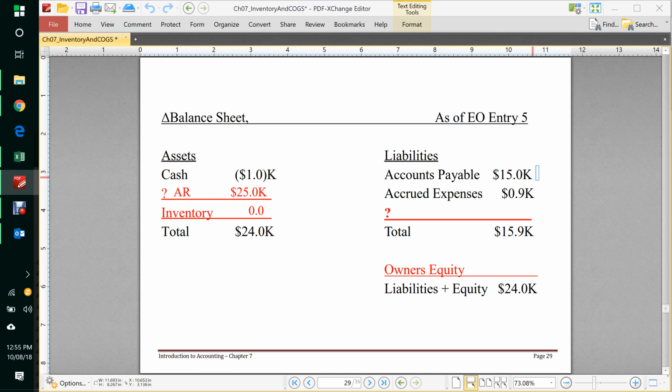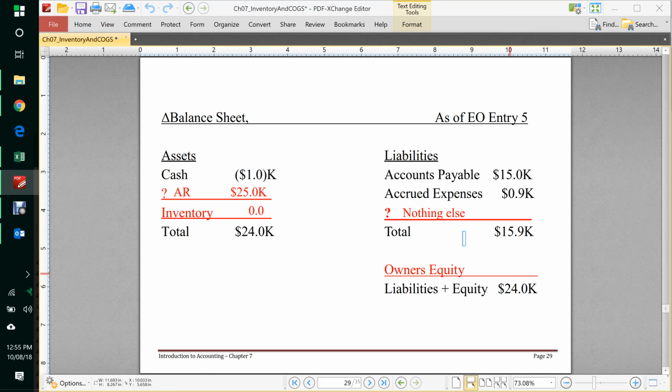Accounts payable, we still have to pay for the trailer, okay, and accrued expenses, that's the employee's salary and the rent and electric. We're going to have to pay that someday, and I think that's it. You can go back and check me, but I don't think there's anything else there. Okay. So I'll just leave that blank.